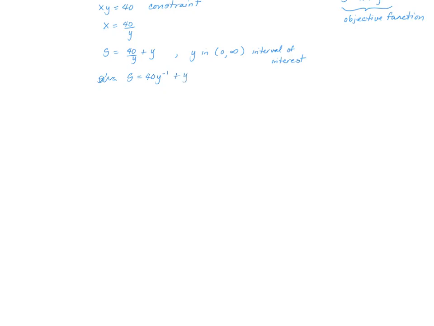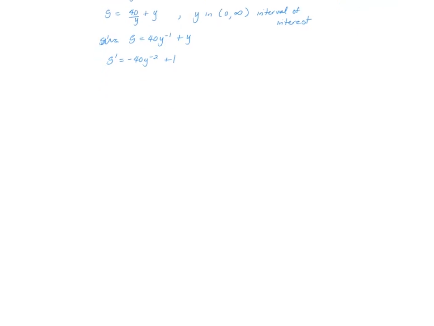That's going to be easier for me to take a derivative. So S prime is going to be negative 40 y to the negative 2 plus 1. Or S prime equal to negative 40 over y squared plus 1.